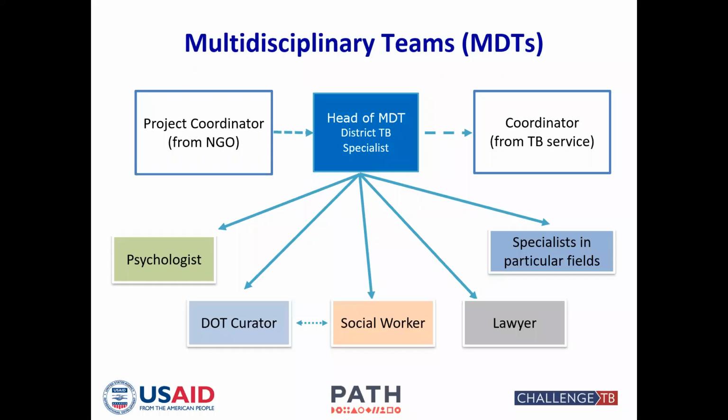The social worker helps the DOT supervisor to assure that the patient takes pills every day, and if the patient misses a dose, the social worker helps to find that patient. Also, the team includes a lawyer, psychologist, and other specialists in particular fields based on the specific needs of the patients.